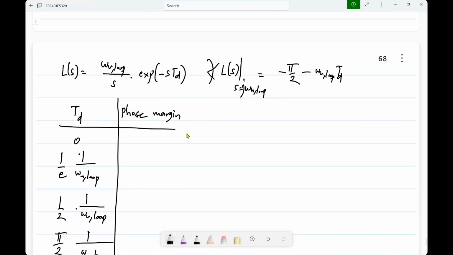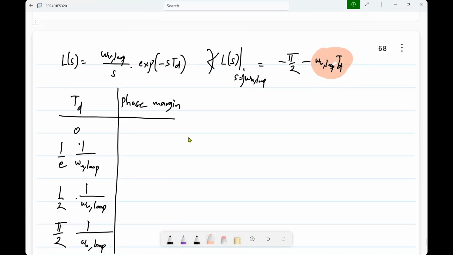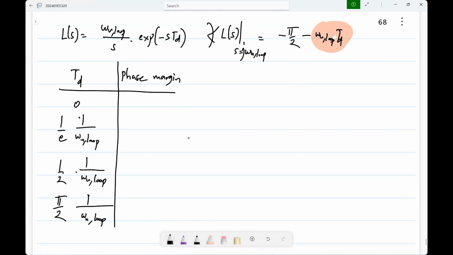How much is the phase margin? How far this is away from pi. That's the phase margin. So the phase margin is pi by 2 minus omega U loop Td.